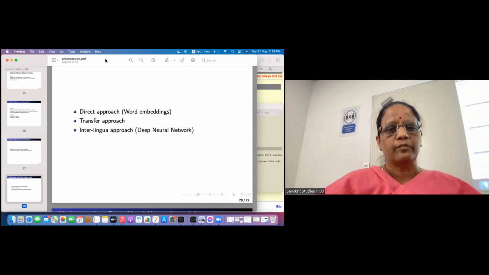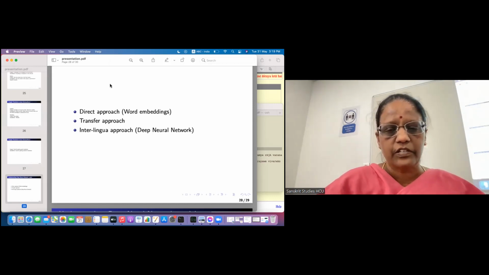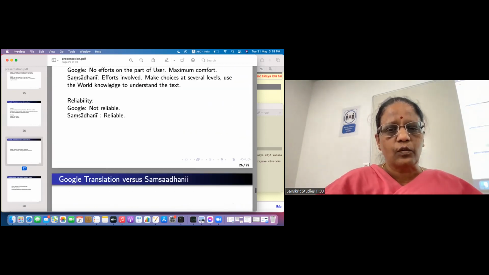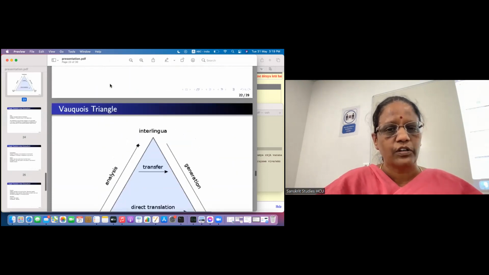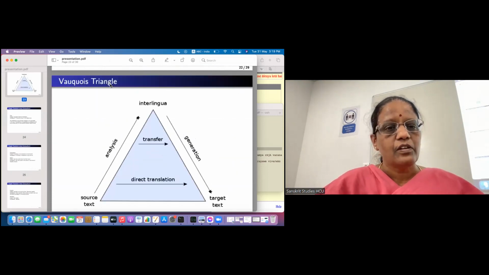Okay, so now let me come back to this. Before giving more demonstration, let me tell you how the theories of translation evolved over a period of time. This is the Vauquois triangle, or it is also called a pyramid.